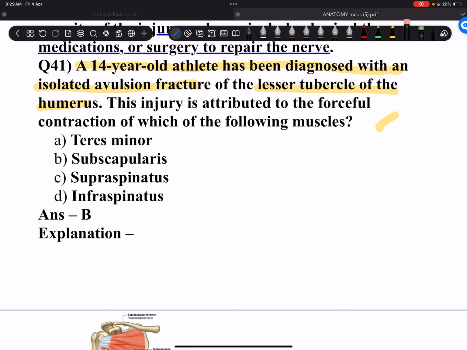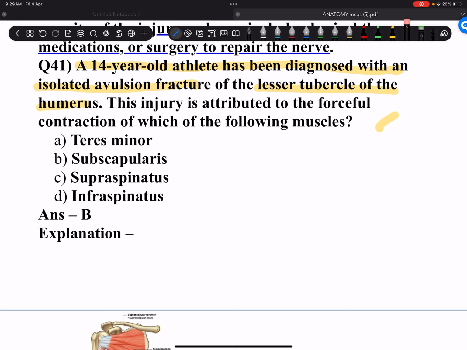So you got this question, right? A person came in and was diagnosed with the avulsion fracture. Okay, so over here, what would be the thing? Subscapularis. This is the diagram I have shared, you can go through that. Where is the suprascapular foramen? Quadrangular space.